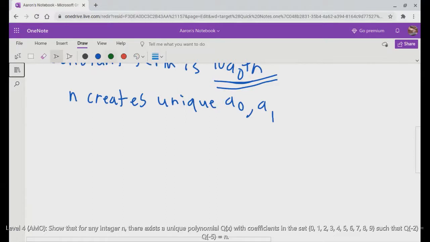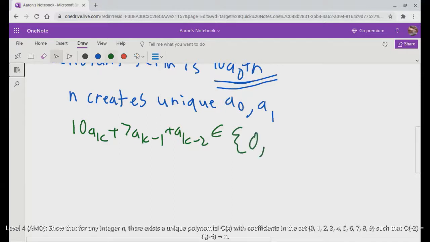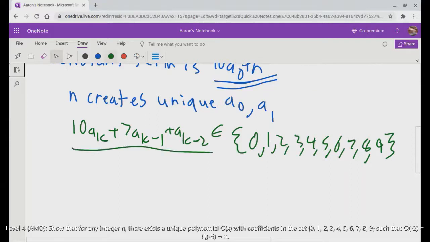Now we already know that 10ak plus 7a(k-1) plus a(k-2) is some number in the set 0, 1, 2, 3, 4, 5, 6, 7, 8, or 9. This is true because this is just equal to the coefficient of q, and we already know that the coefficients of q are in this set.